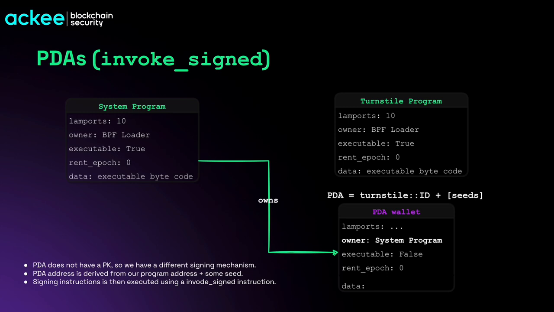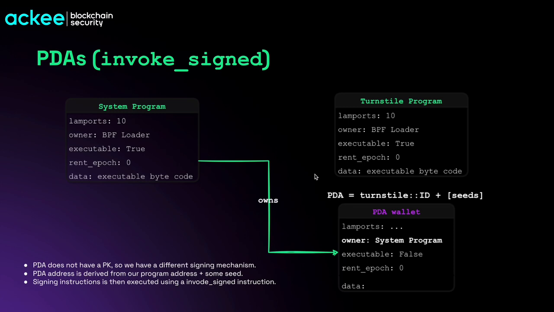PDAs should not have a private key, so we need to have a different signing mechanism. Why don't we want to have a private key stored directly in our program? That means that everyone who is able to take a look at the source code of our program would be able to know the private key for the account that we're interacting with in our program. So we need to have a different signing mechanism.